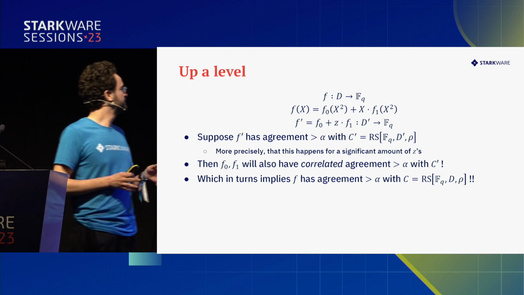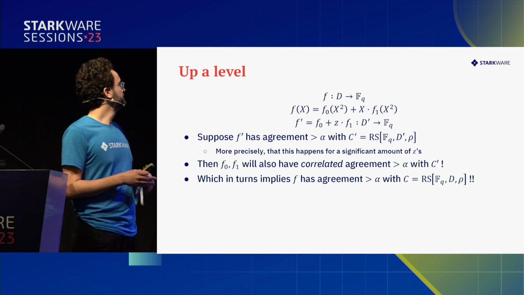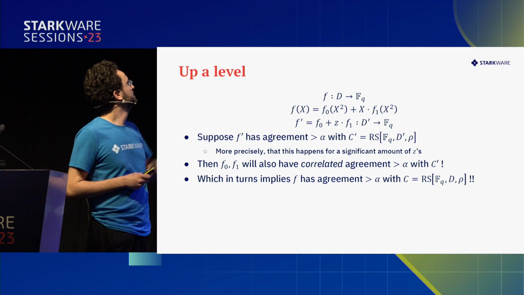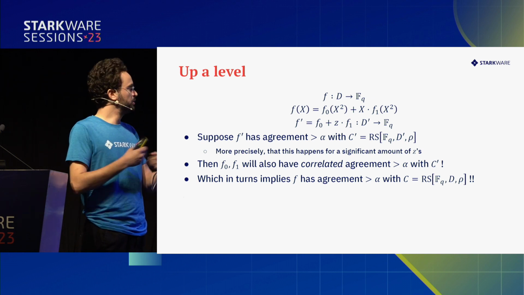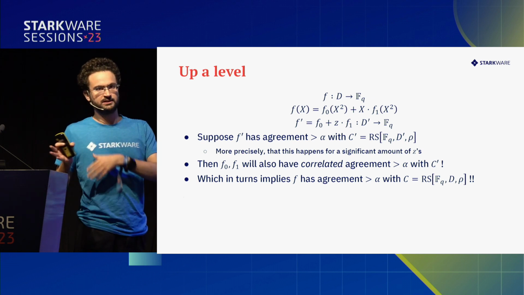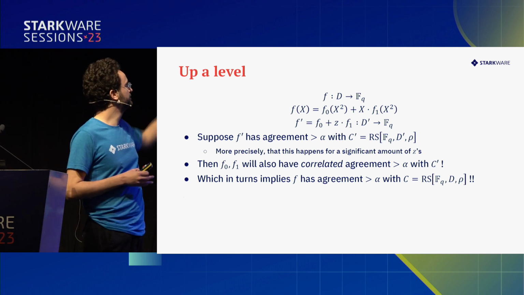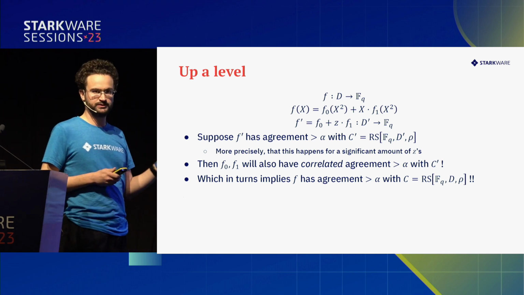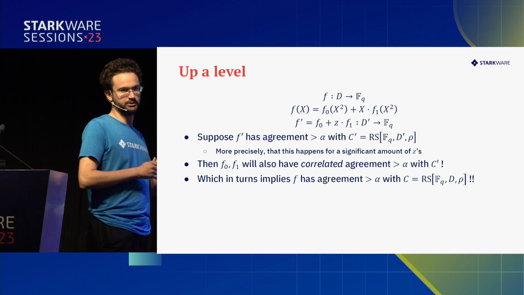And that happens because if f0 and f1 agree on some x squared, then just by plugging that in to that formula, that means that f will agree with the polynomial that is c0 x squared plus x c1 x squared on points x and minus x, both of them, because they are both given from the same formula with the same values of c0 and c1, which both agree with f0 and f1 in that particular x squared.